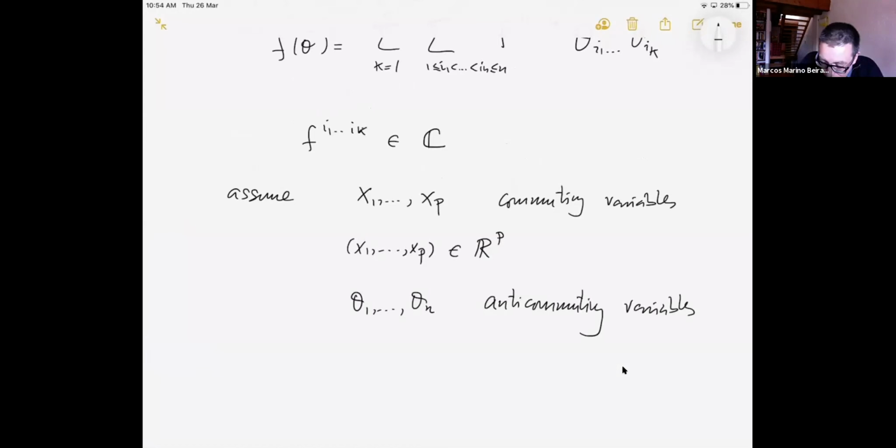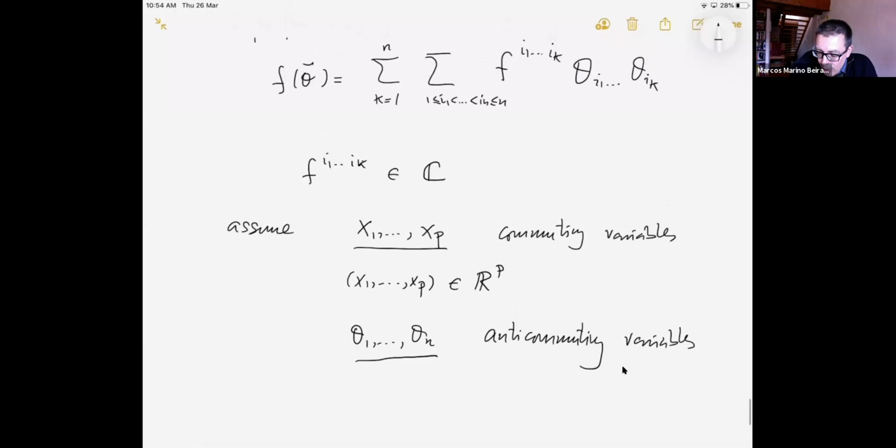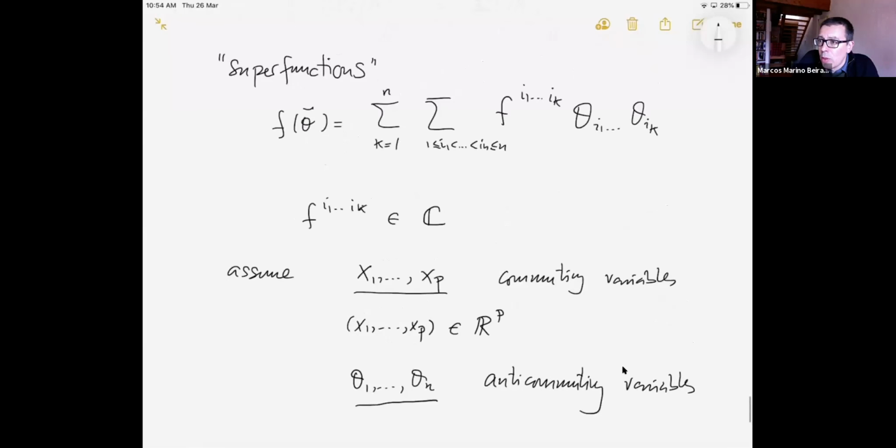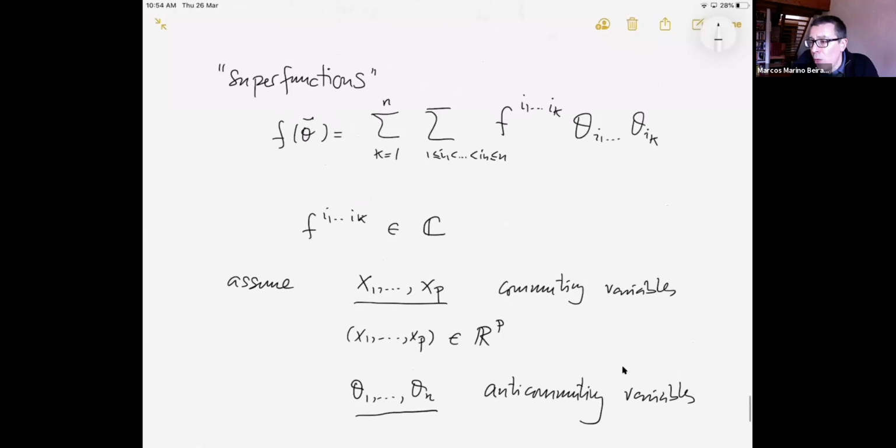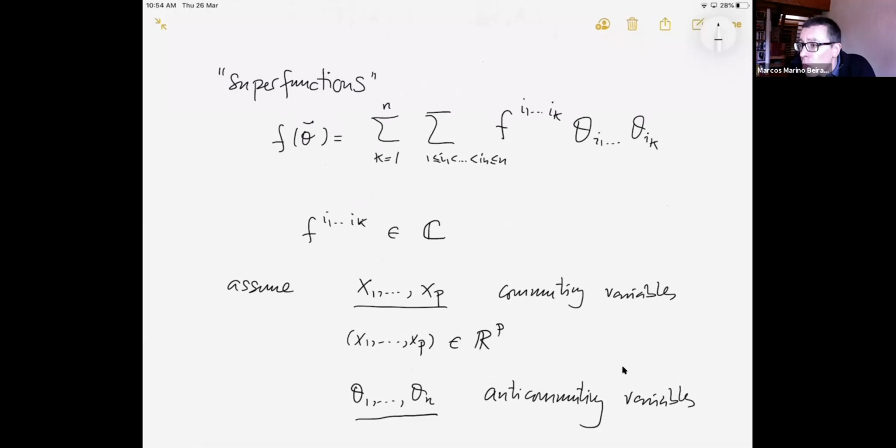This is perfectly natural. If we have both commuting and anti-commuting variables, then it's very natural to promote this polynomial in the thetas, where the coefficients were just constant numbers, to polynomials in the thetas where the coefficients are complex valued functions of the commuting variables x, right?